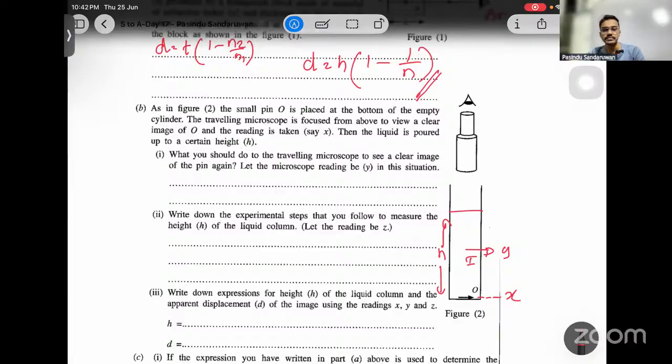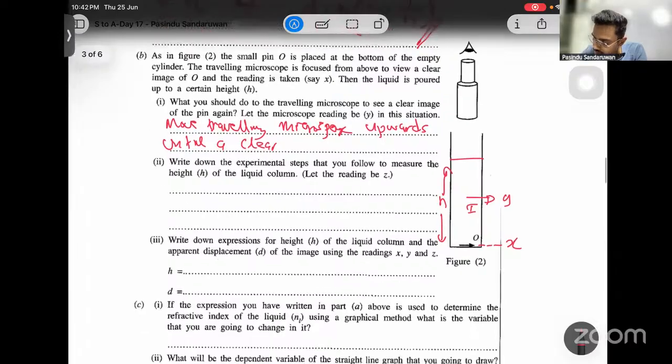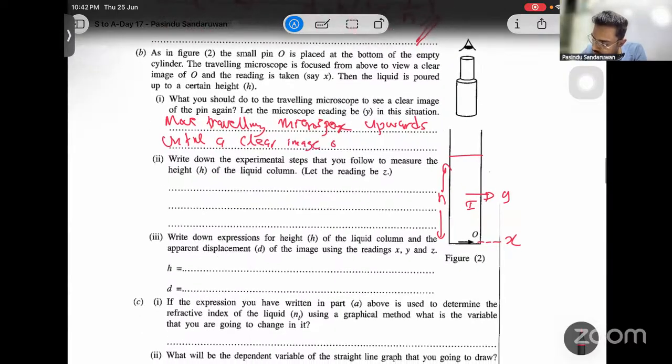Then write down: move the traveling microscope upwards until a clear image of the pin is seen.